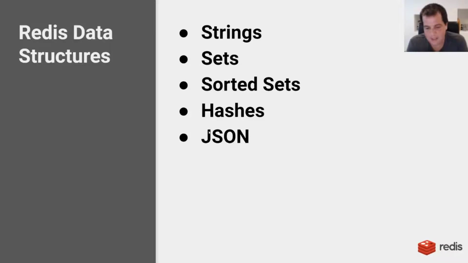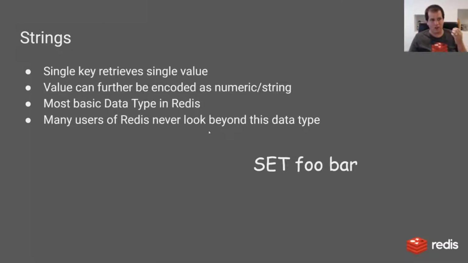So that brings us to the data structures in Redis. Redis is built around a bunch of different data structures, and five of them that we're going to be looking at today are strings, sets, sorted sets, hashes, and JSON. Strings are a single key that retrieves a single value in Redis.